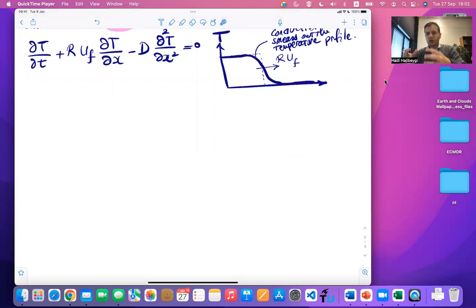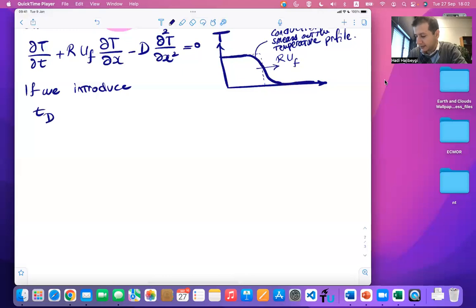To do that in a more generic way, we introduce the dimensionless form of the same equation. Now, if we introduce dimensionless time to be the typical dimensional time divided by, now I need something that gives a time scale, right?